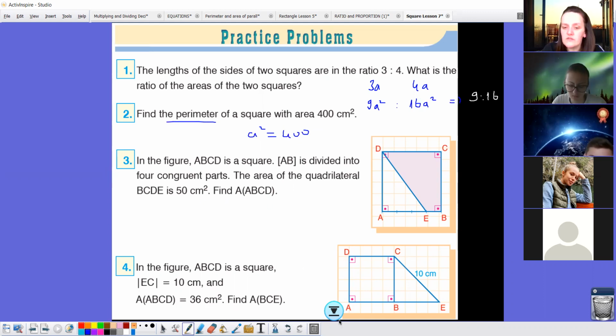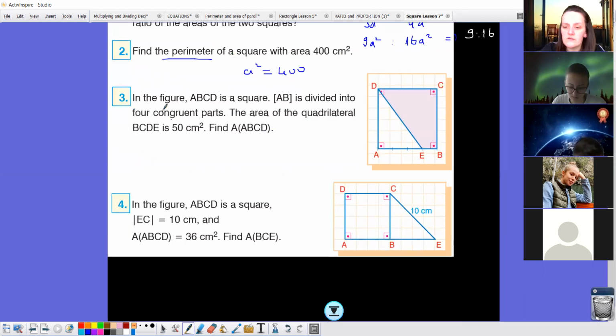The perimeter will be 80. One side will be 20, and 20 times 4 is 80.